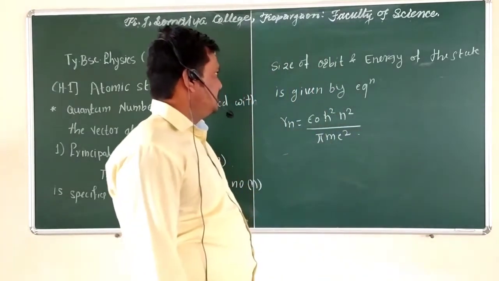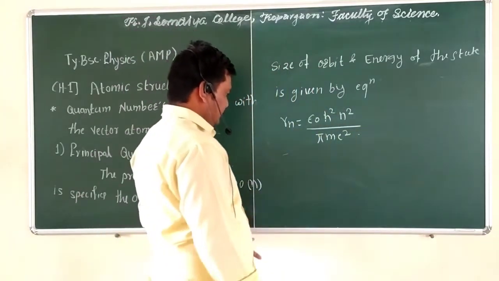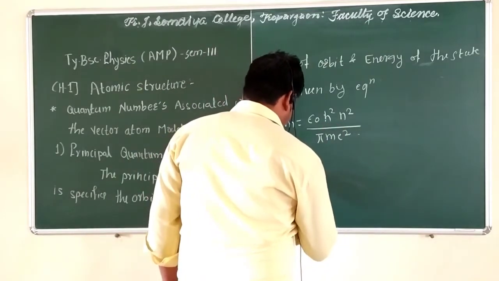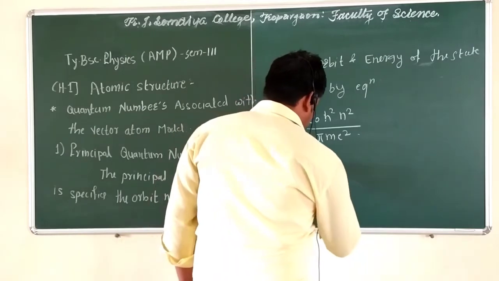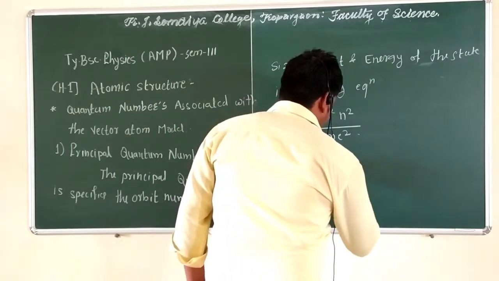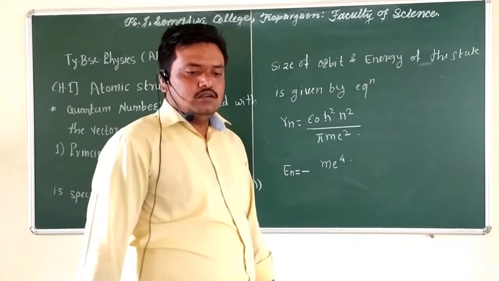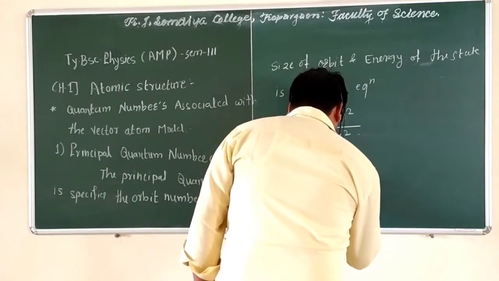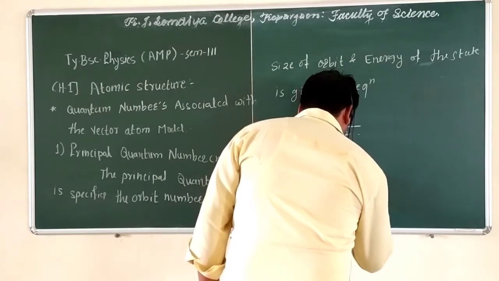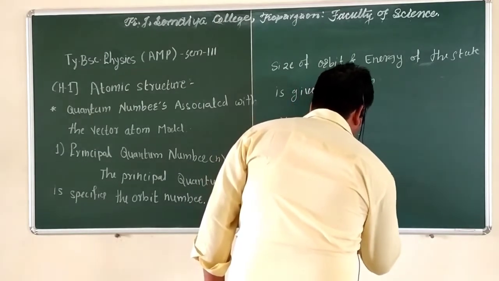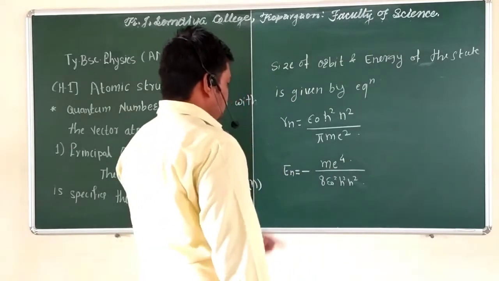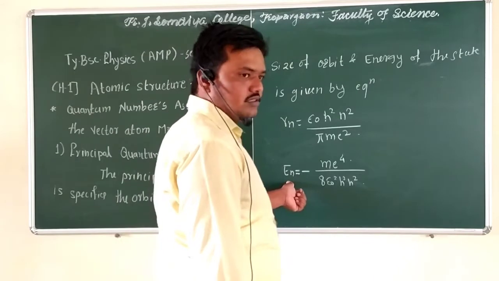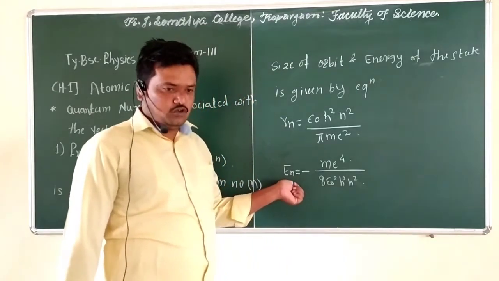This is the equation for the size of the orbit, or radius of the orbit, and the next equation is En equal to minus m e to the power 4 upon 8 epsilon naught square h square n square. So this is the equation of the size of the orbit, and this is the equation of the energy state of the orbit.